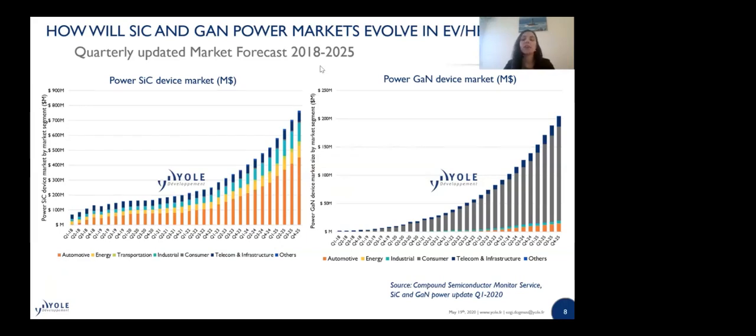And then the ramp up is expected starting from 2024 to 25. Meanwhile, it's also important to notice that the GaN volumes are rapidly expanding thanks to the consumer fast charger applications, which is also expected to dominate the GaN power market in the next 5 years.